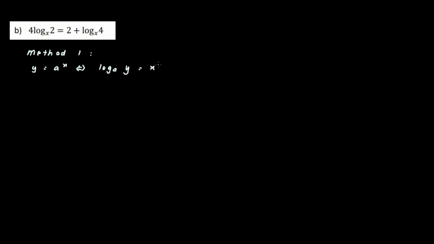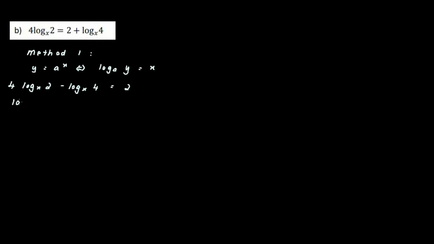Okay, so for the equation, we try to group the log terms together. So I will have 4 log_x 2 minus log_x 4 equals 2. Then after that, what I need to think is how do I combine these two log terms together?